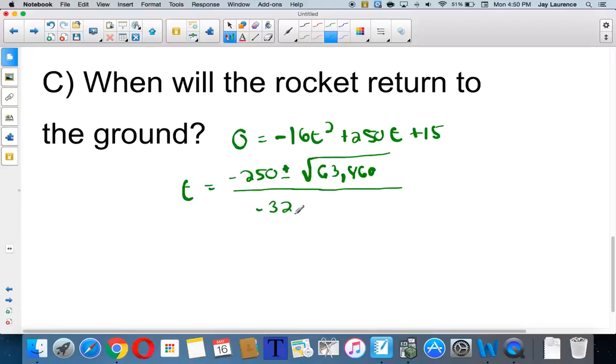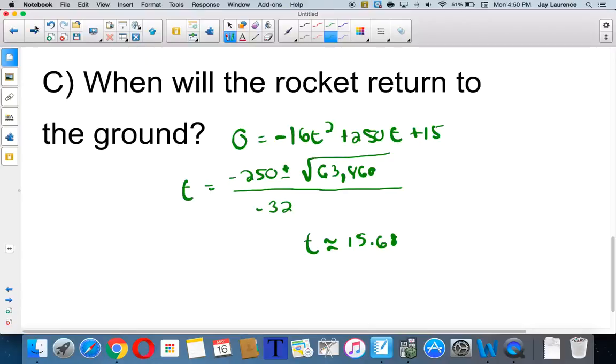Okay, one answer is going to be about 15.68. So t is going to be about 15.68. And then the other answer will be a negative, which I'll ignore because it's 15 feet off the ground. So the other time it hits 0 would be going backwards in time. So that's irrelevant. All right, that's it.